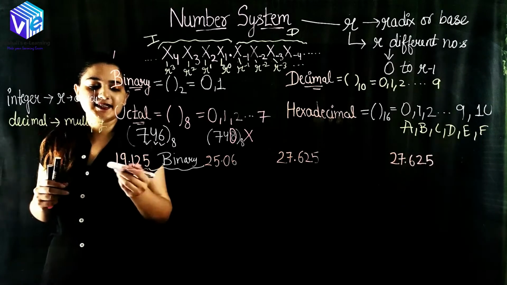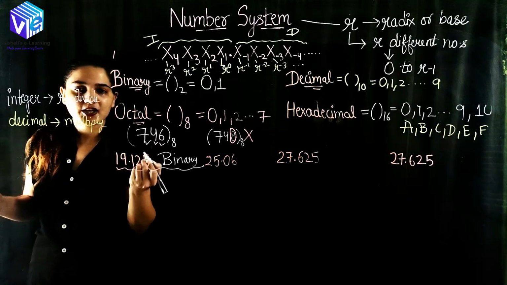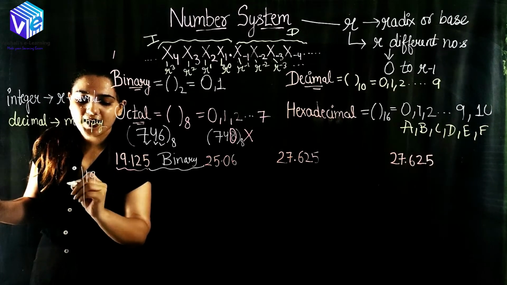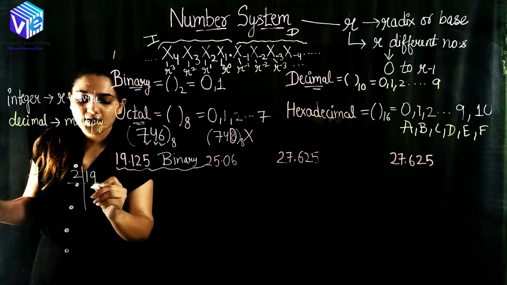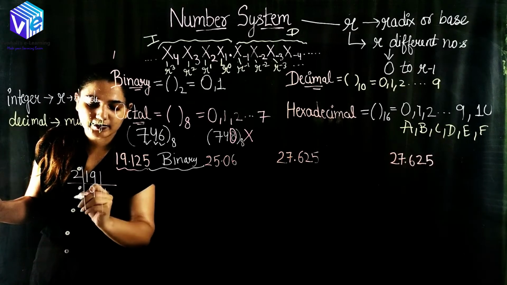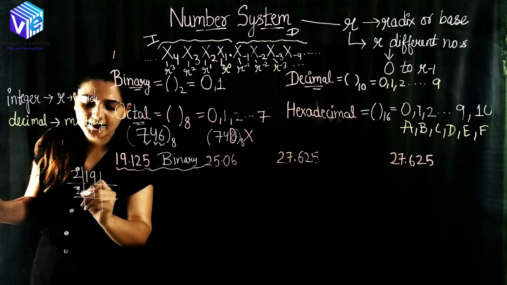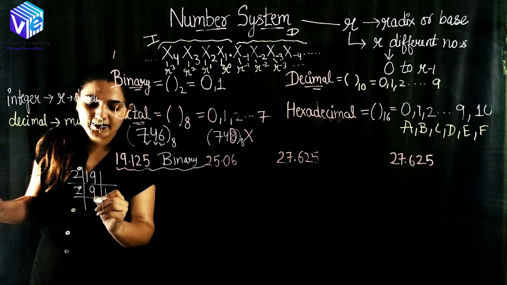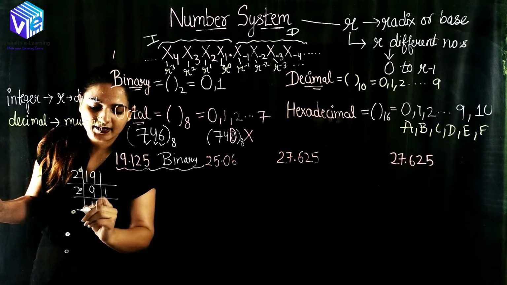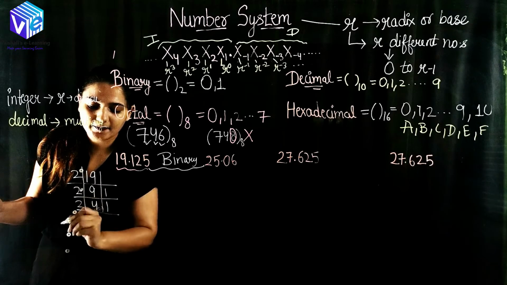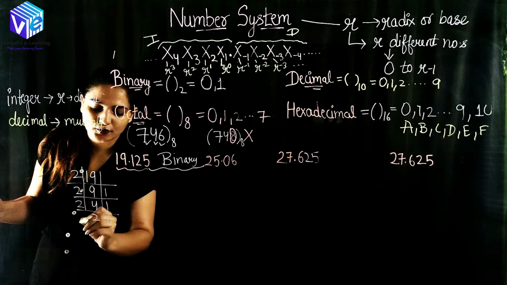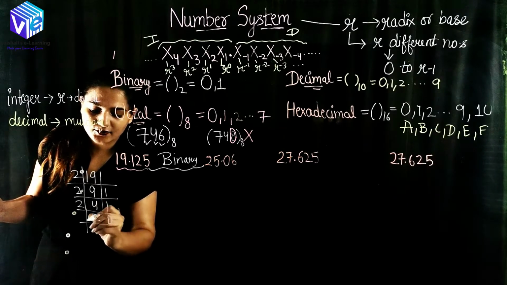So now let's see the first example. The integer part is 19. I will divide it by 2. So I will have 9 as quotient. The remainder is 1. Again I will divide it by 2. The quotient will be 4 and the remainder will be 1. Again I will divide it by 2. The quotient will be 2 and the remainder will be 0. Again I will divide.